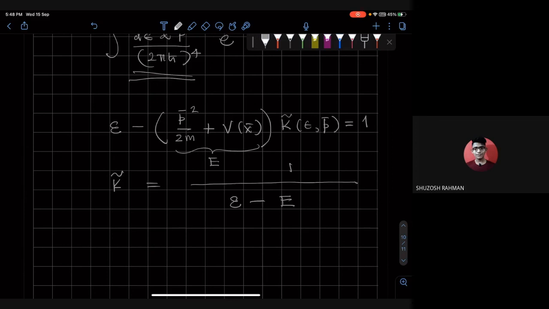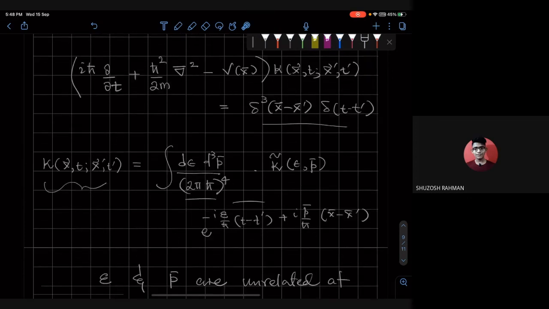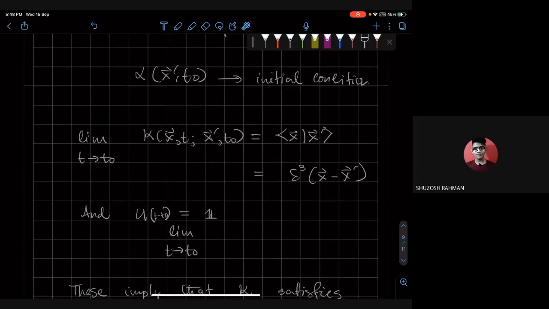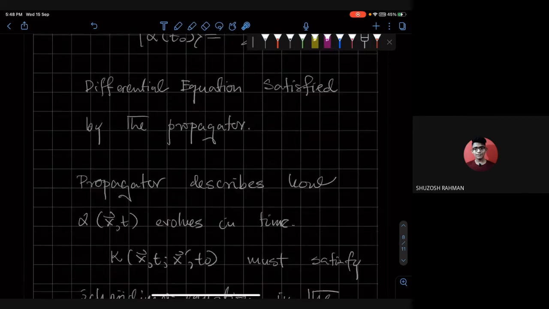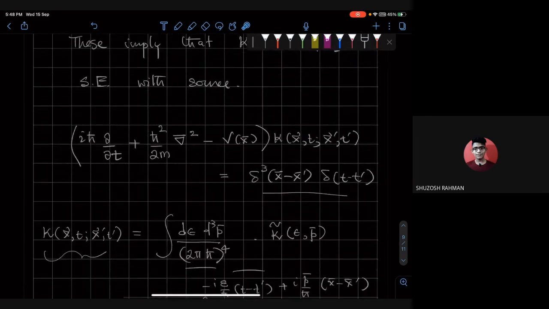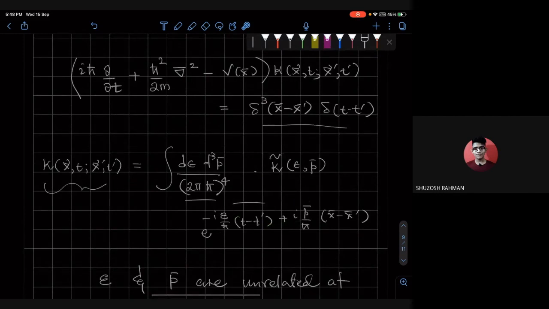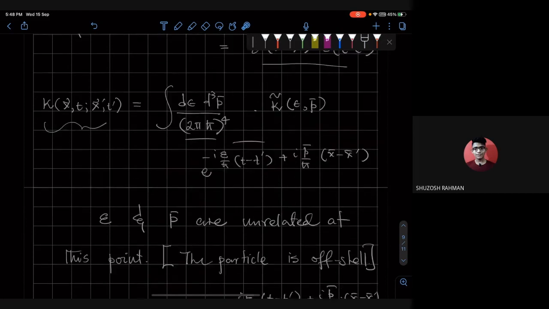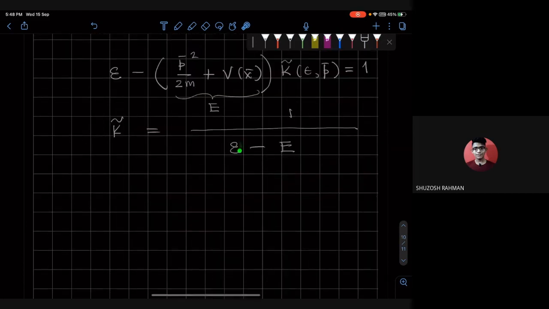But this is not a well-defined solution. Why? Because if I take this K tilde and plug it into my integral over here, and do the integral over the epsilon, whenever epsilon becomes equal to curly E, what happens to this K?